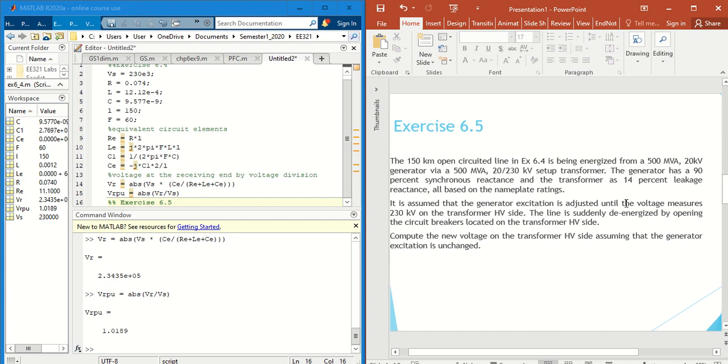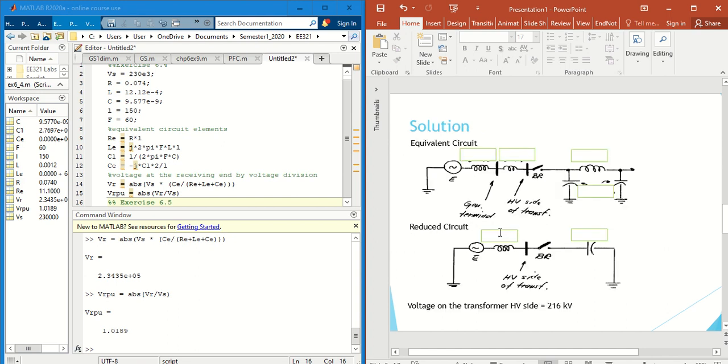The generator has a 90% synchronous reactance and the transformer has a 14% leakage reactance, all based on the nameplate ratings. It is assumed that the generator excitation is adjusted until the voltage measures 230 kilovolts on the transformer HV side. The line is suddenly de-energized by opening the circuit breakers located on the transformer HV side. Compute the new voltage on the transformer HV side, assuming that the generator excitation is unchanged.